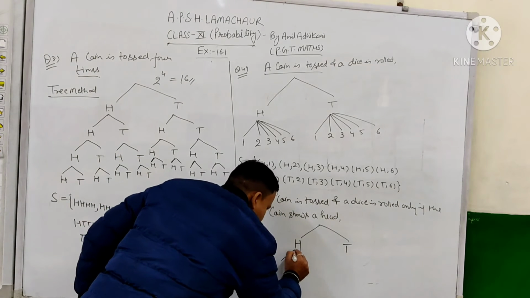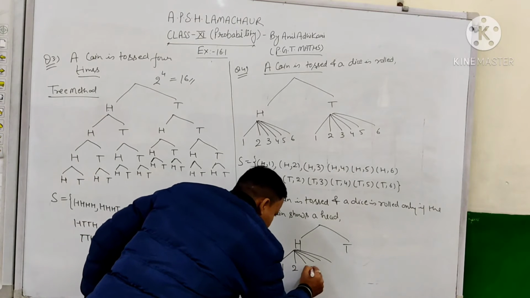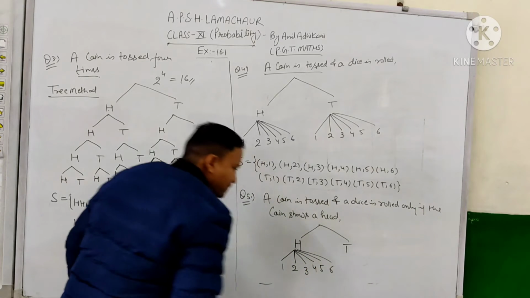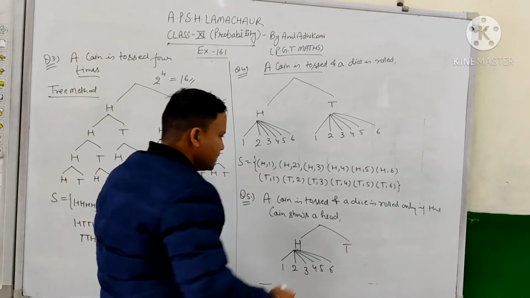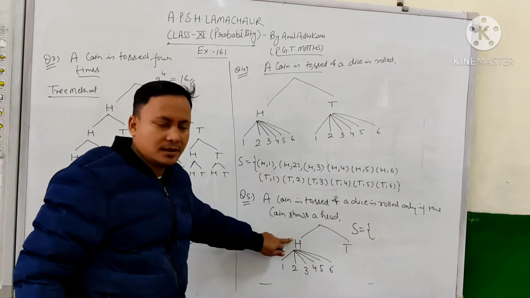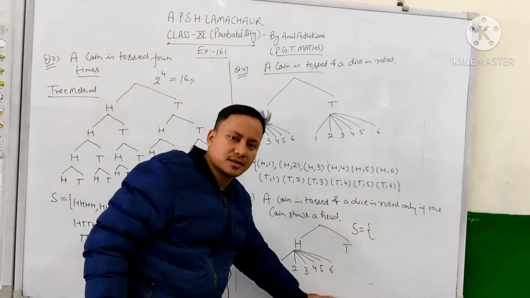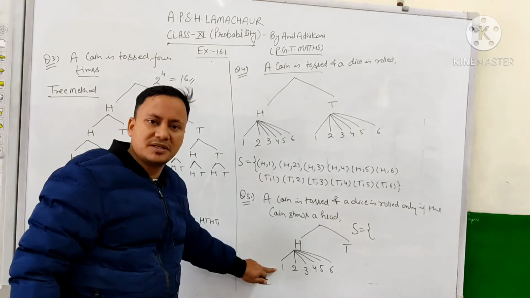So there will be 6 cases. If head comes here, 1, 2, 3, 4, 5 and 6. So all the possibilities are there. If the head is occurring here, if the coin is showing a head, then we have to throw a dice. So head के साथ क्या possibilities है?